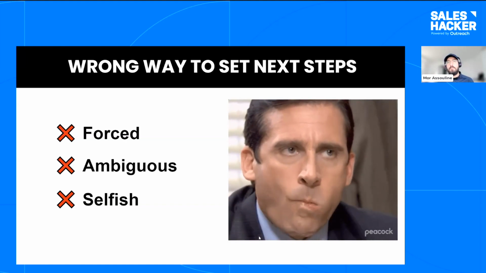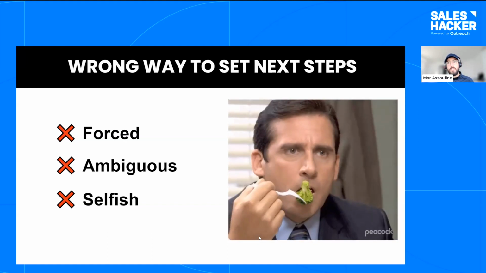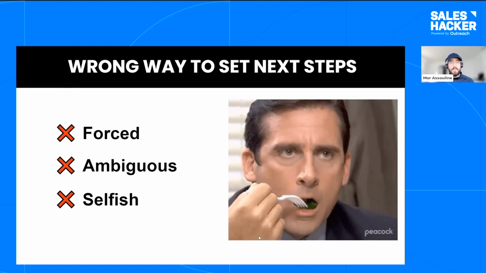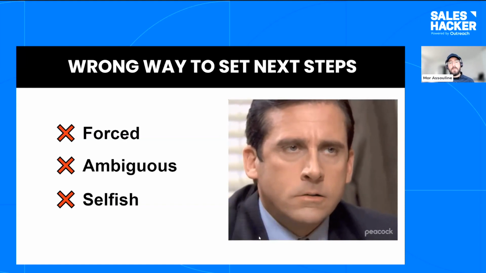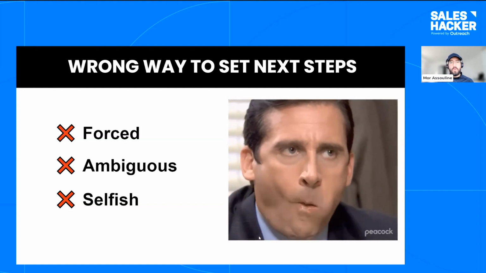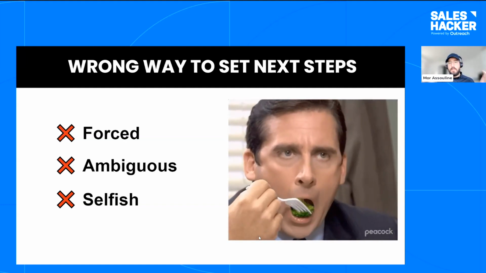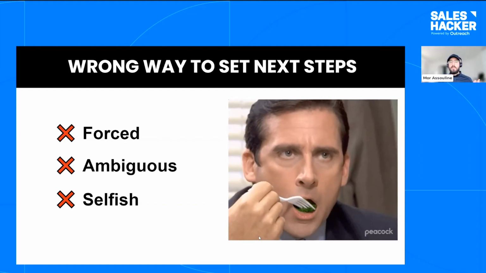Ambiguous is most of the time that I'm hearing salespeople set up next steps. There is no real agenda for the next steps. A lot of it is like, let's get something on the books. Let's see where you're at. Let's chat next week to see what you thought about the competitors. Let's chat next week so you can see what your team said internally.